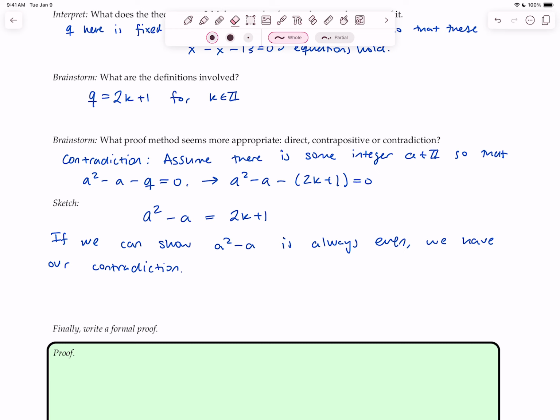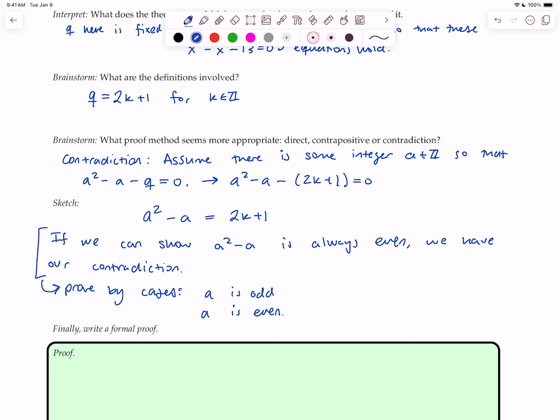And maybe it might be nice to do this depending on whether a is odd or even. So this little result right here, we would want to prove by cases, when a is odd and when a is even.